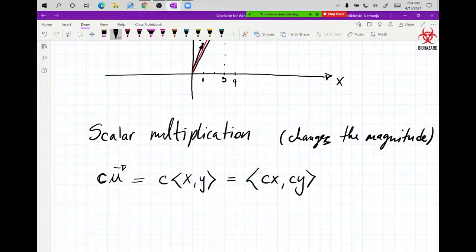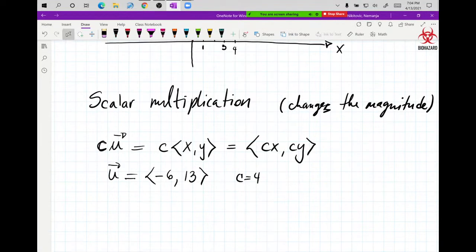So we are going to now take a look at an example where, let's say, we want to take some value, well, just make it up. Let's say u is equal to -6 and 13, and c equals, let's say, 4. So how much is cu equal to?